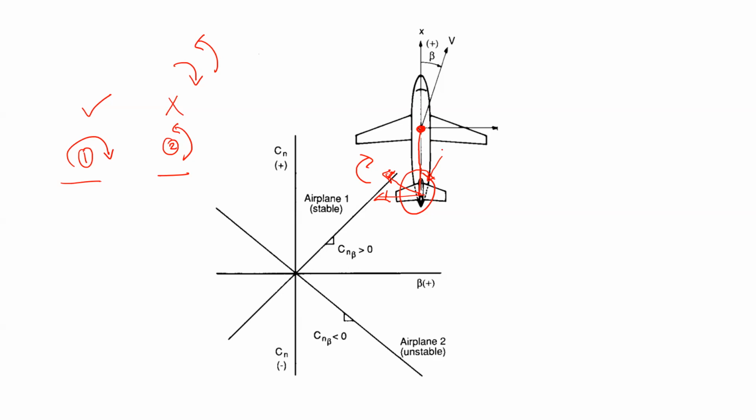And all those computations depended upon what? This length. What is the moment arm? Because the force is here, and the point about which the moment is being calculated is here. So that length is L_V. And then there was S_V when we defined the tail volume ratio. We computed the force and then the moment, and then we normalized it.